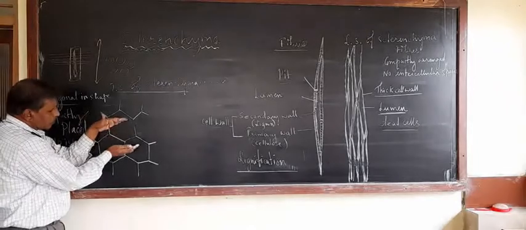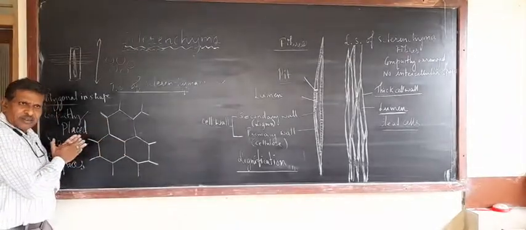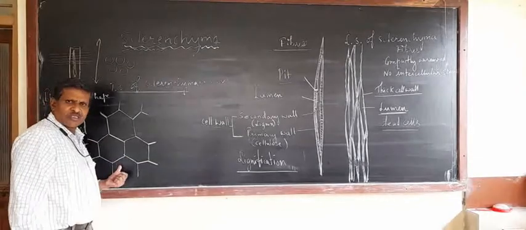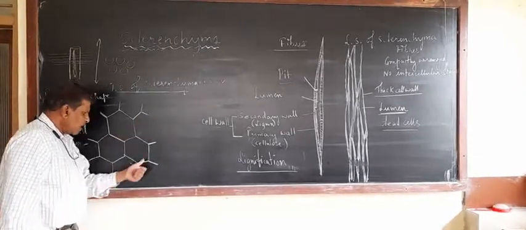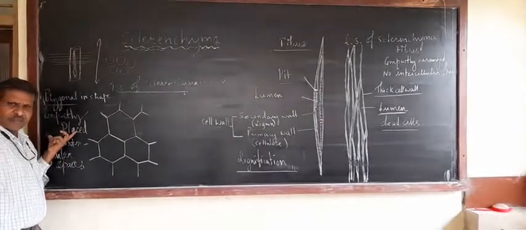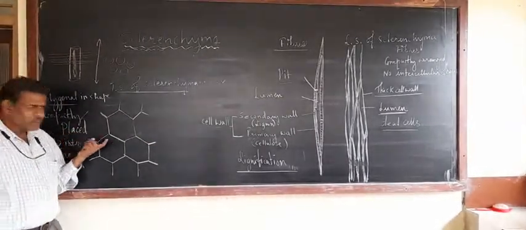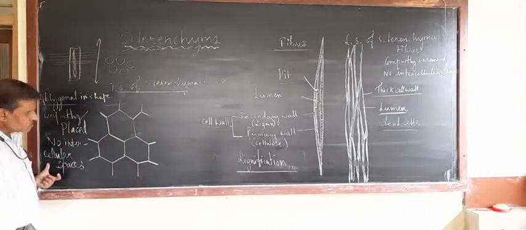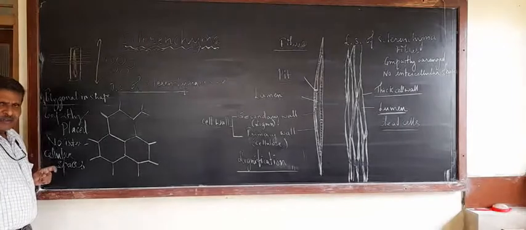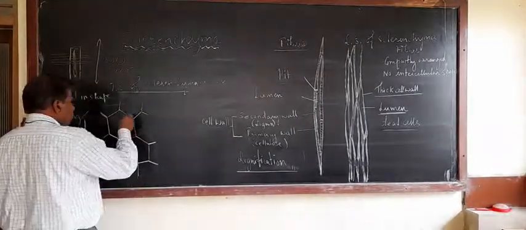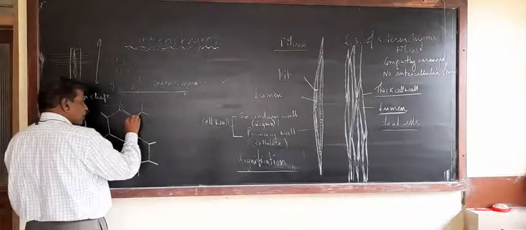Yes, cells are placed side by side, very compactly, without leaving any intercellular spaces. We call this kind of arrangement a compact arrangement. Whenever there is a compact arrangement of cells, we never find intercellular spaces. Then these Sclerenchyma cells usually possess a thick cell wall.